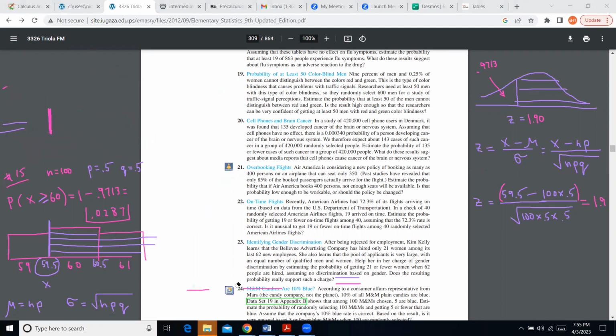Number 21 exercise wants us to check what happens with Air America, that has 400 persons that want to sit in a flight with 350 seats. Oh, that's not a very good idea, right?